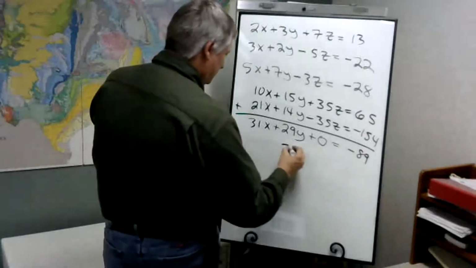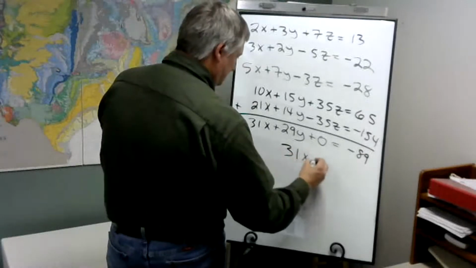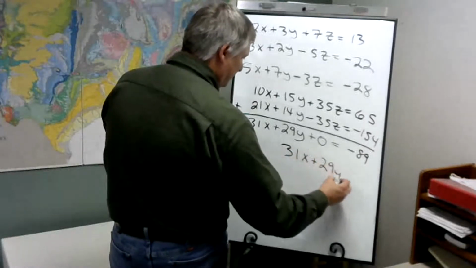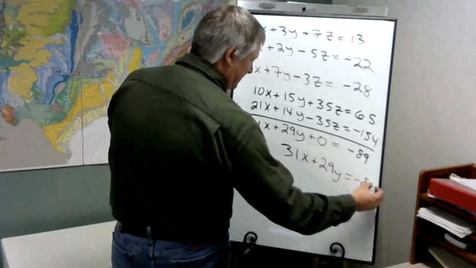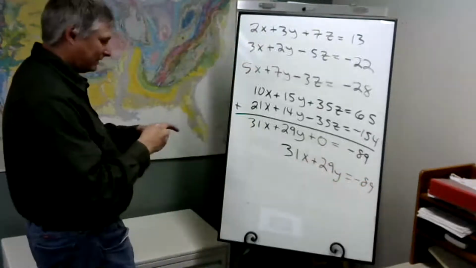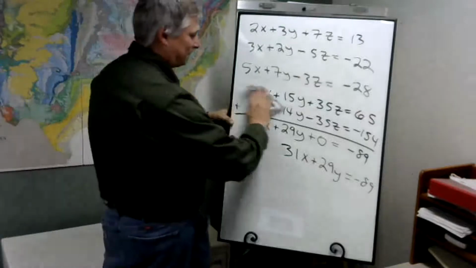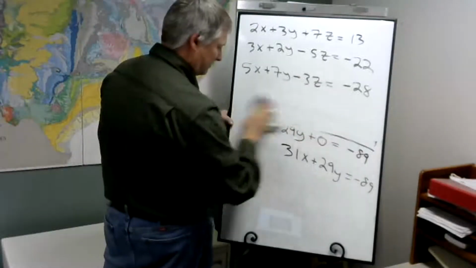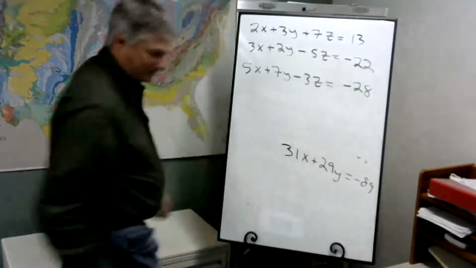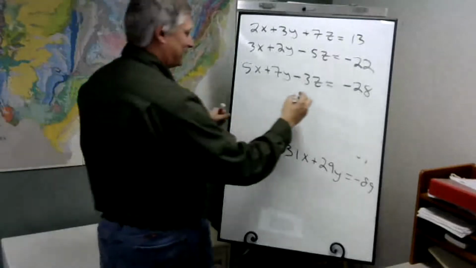So I get 31x plus 29y is minus 89. So that gives us our first equation with x and y's. Put this off to the side here.